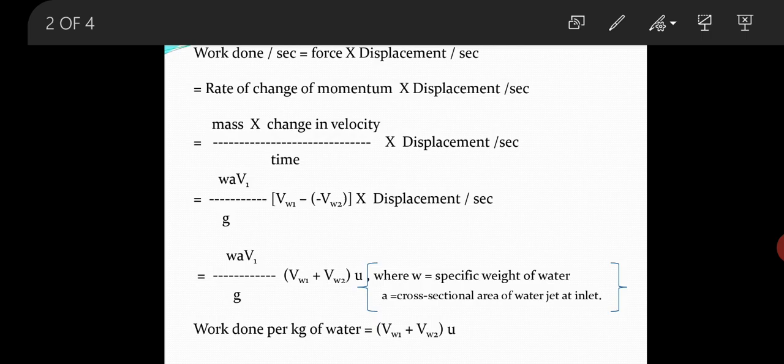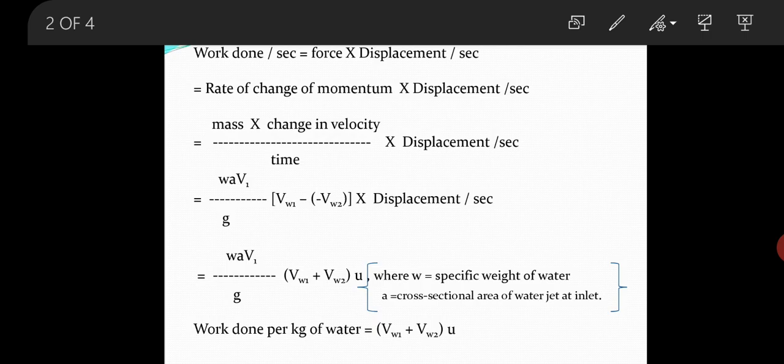So the change in velocity is nothing but the difference of wheel velocity at inlet and exit, that is VW1 minus VW2. Why minus? Because at outlet the direction of velocity is opposite to that at inlet. So into displacement per second.